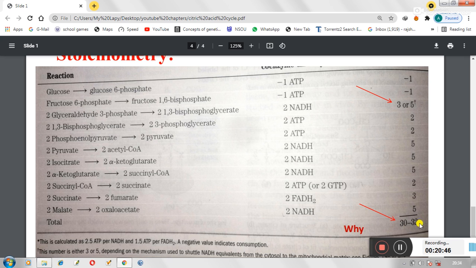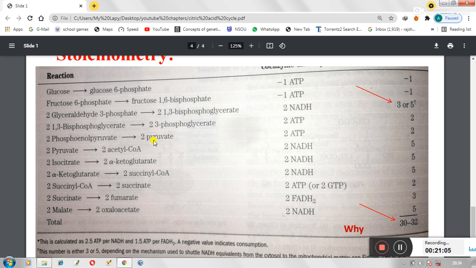So the final product of 30 to 32 molecules of ATP totally depends on the entering way of these 2 NADH from the cytosol to the mitochondria. This will be the major concern. And later, from 1,3-bisphosphoglycerate to 3-phosphoglycerate, 2 ATP molecules are produced.